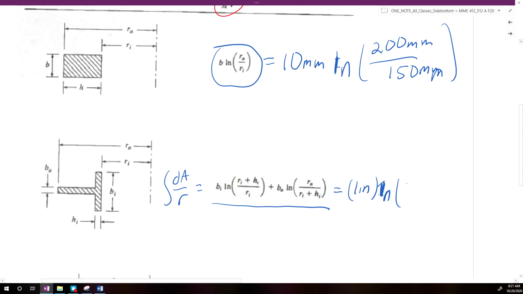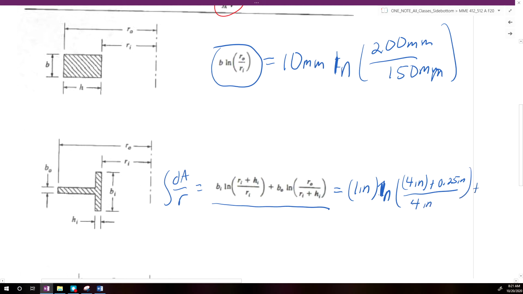So Ri was equal to 4 inches, and hi was equal to a quarter inch. So we have to add that, not multiply it. And then we have to divide by our inner radius, so that would be equal to 4 inches.